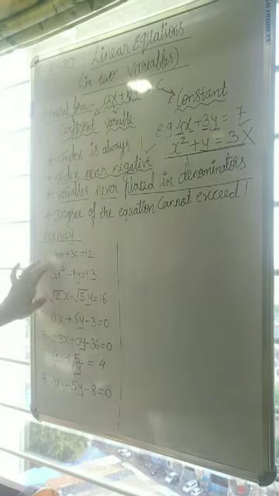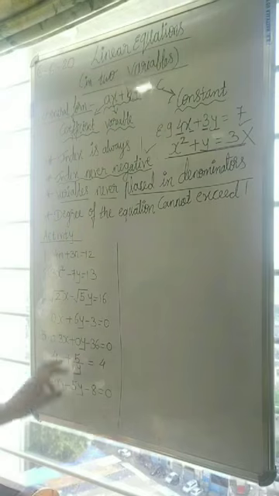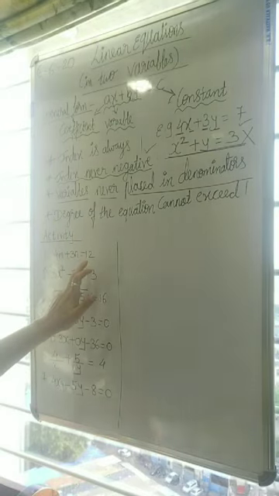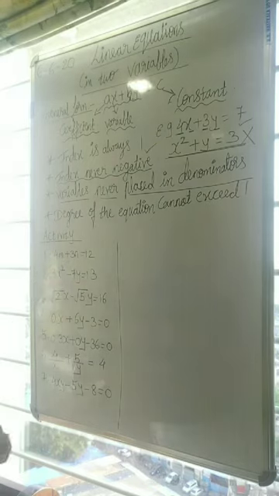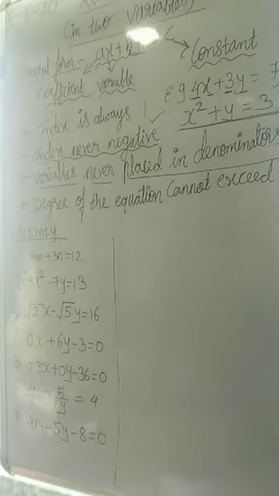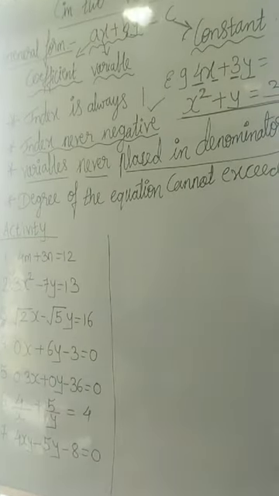Now let us see some of the equations as per the textual activity. 4m plus 3n is equal to 12. Just think, is it a linear equation in two variables or not? How do I know? I am simply going to follow the rules.